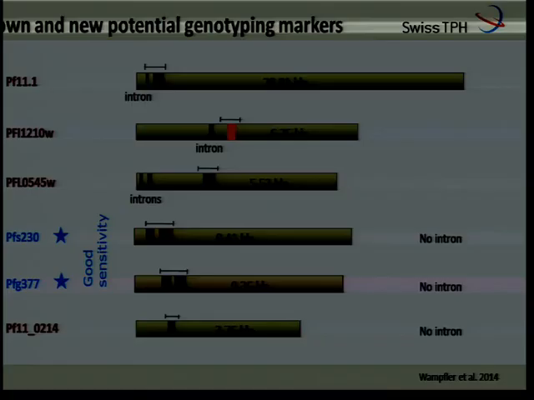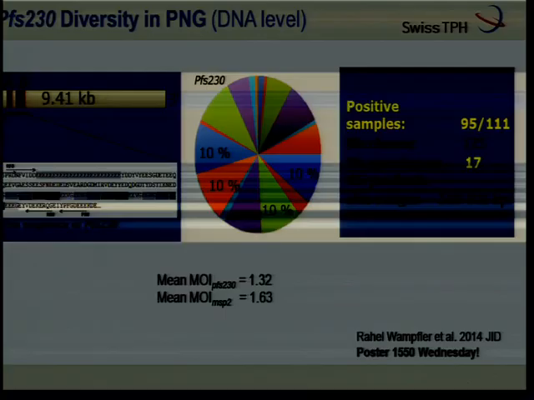The sensitivity is the crucial parameter here, and we found that the sensitivity of PFS230 is the best one, so this is the ideal marker. We could improve this marker a little bit by including 2 repetitive regions, and we also assessed PFG377. That is a little bit less sensitive because the amplicon size is much larger.